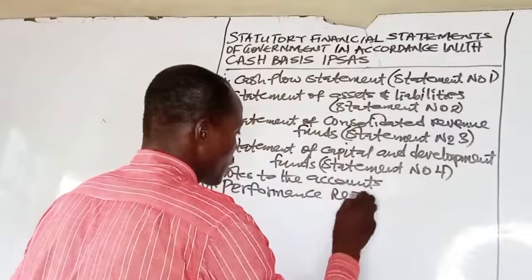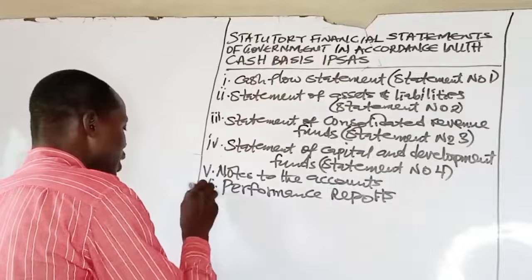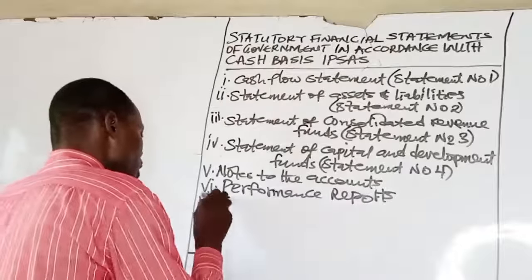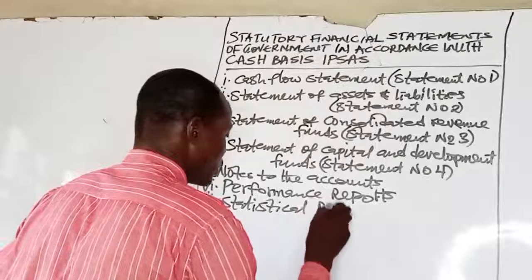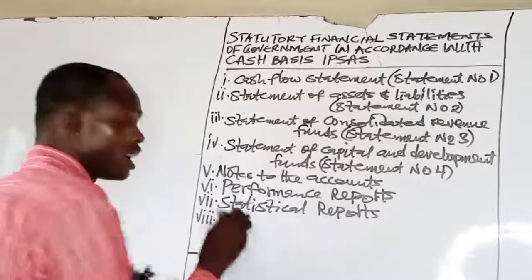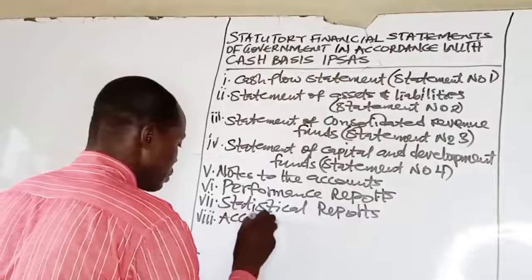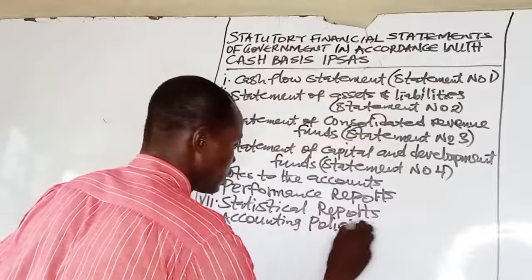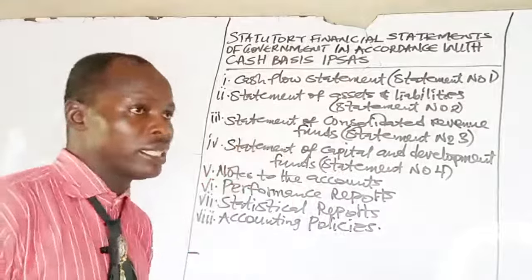Seven, we have statistical reports. Number eight, we have the accounting policies. These are the components of financial statements.